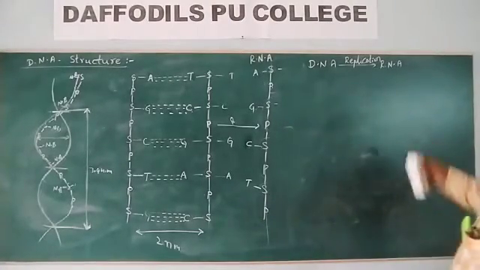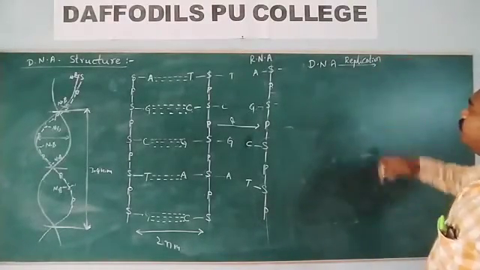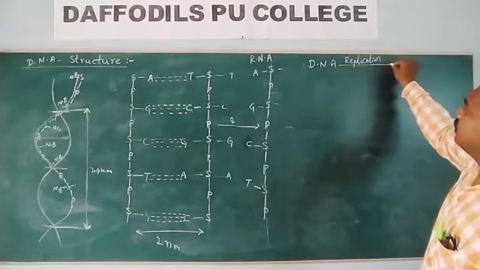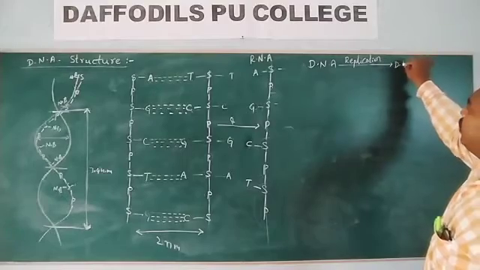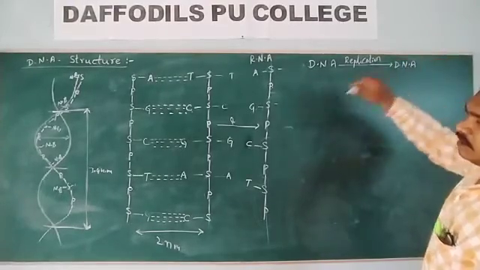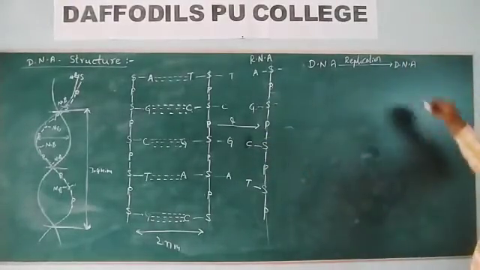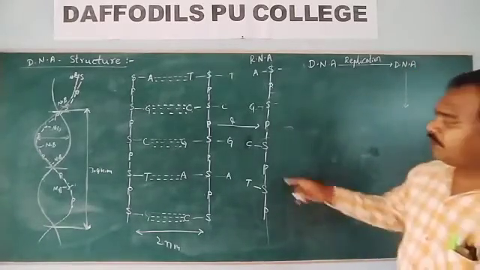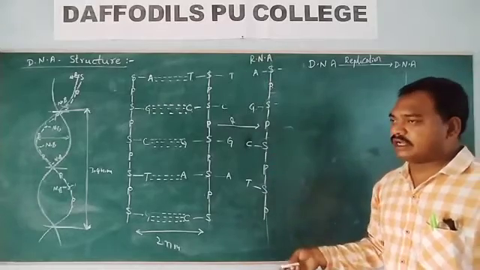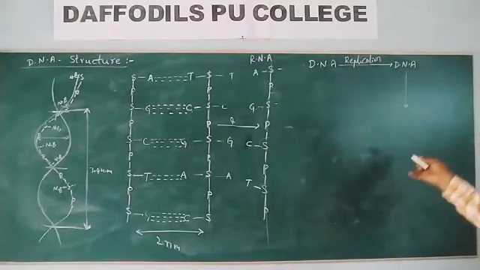First, the DNA information is replicated and forms a duplicate DNA, that means uncoiled DNA. This uncoiled DNA information is printed on the RNA strand as complementary pairs.